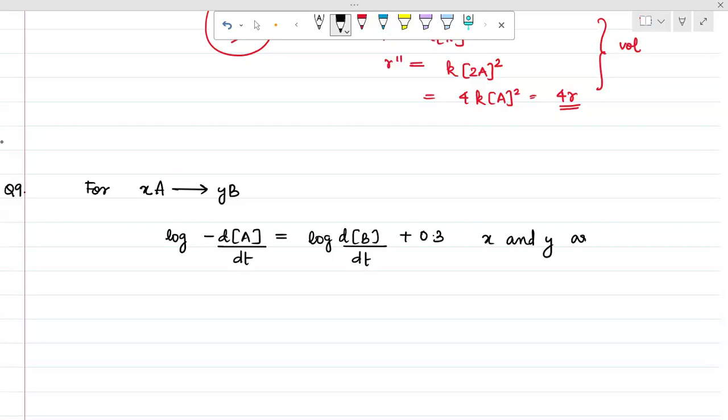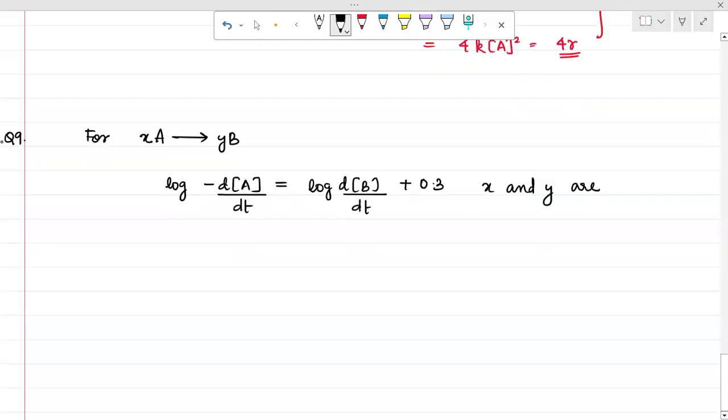X and Y are: option A 2, 1, option B 1, 2, option C 1, 4, option D 4, 1.